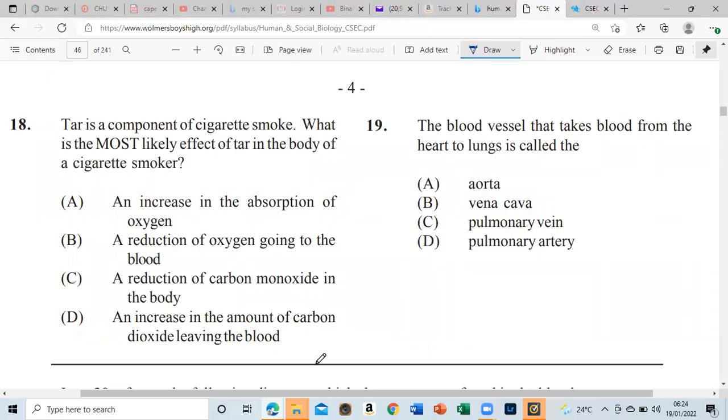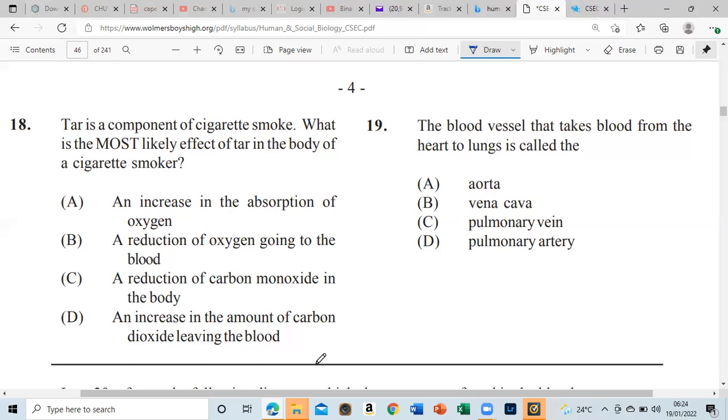Let's move on to number 18. Tar is a component of cigarette smoke. What is the most likely effect of tar in the body of a cigarette smoker? A, an increase in absorption of oxygen. B, a reduction of oxygen going to the blood.